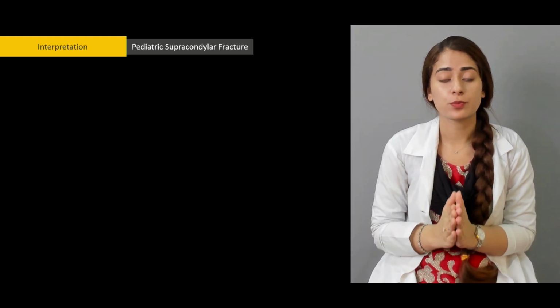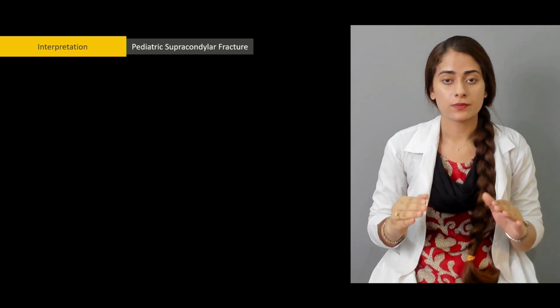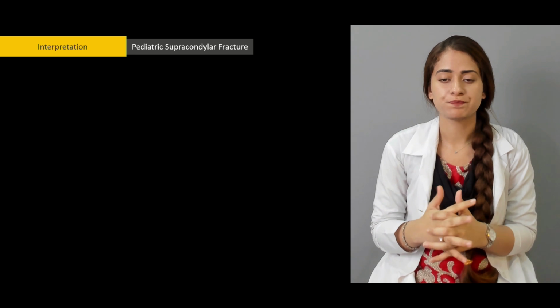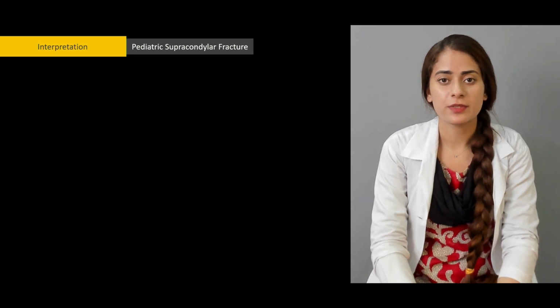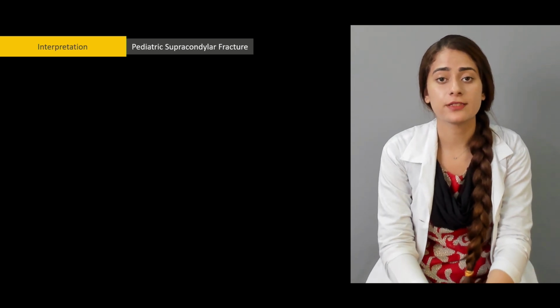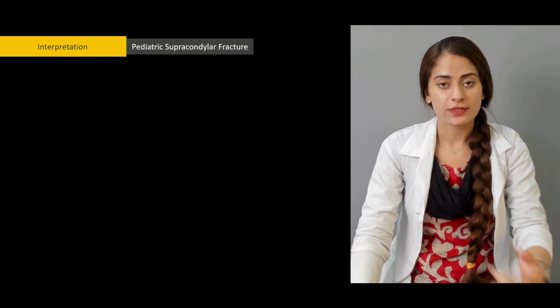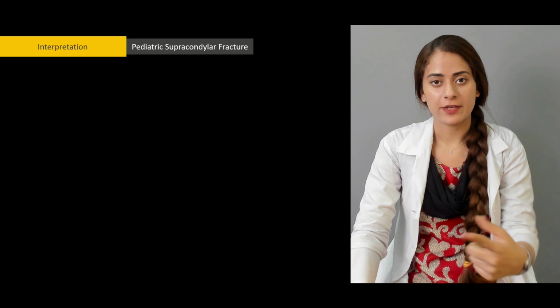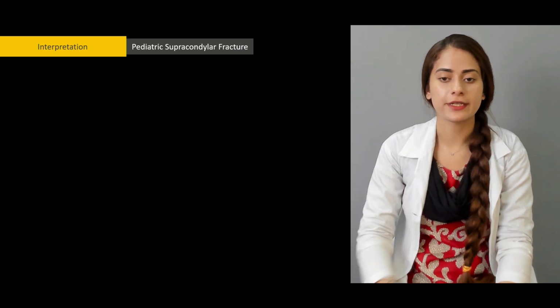But the posterior fat pad is a very commonly taken sign that indicates the presence of a pediatric supracondylar fracture. We will discuss fat pad later as well. I will repeat this and it'll be clear in that segment.